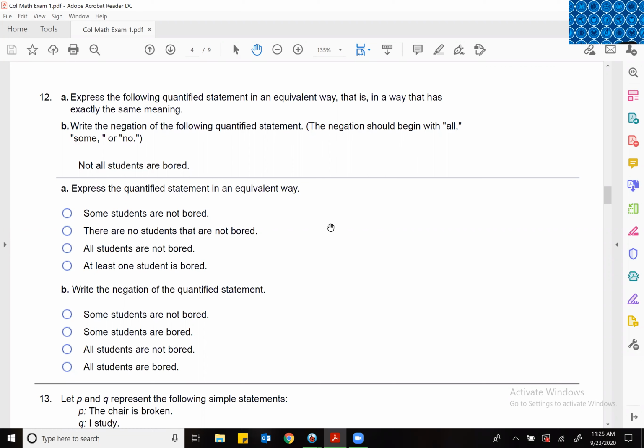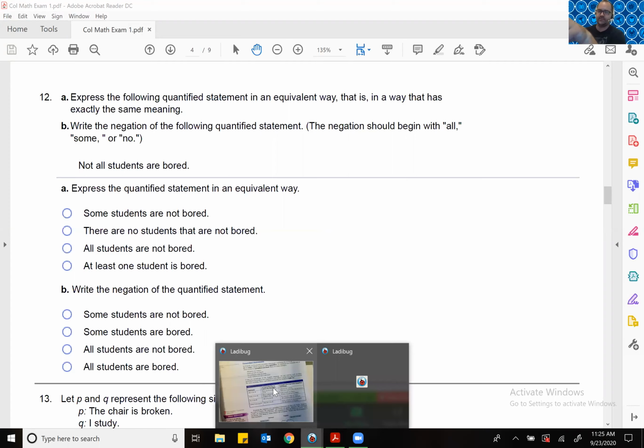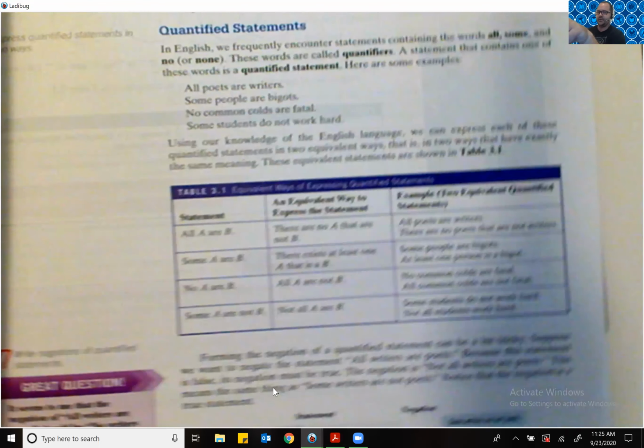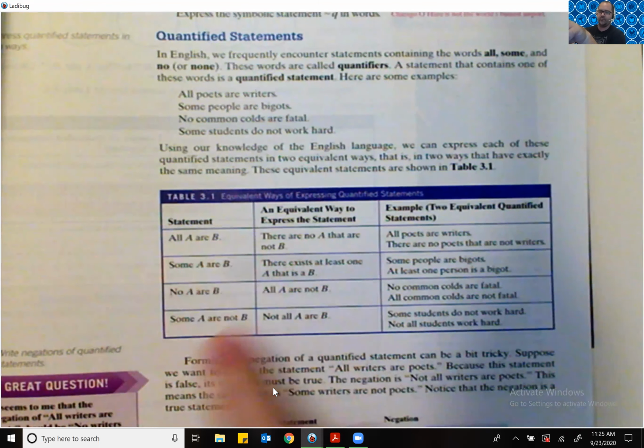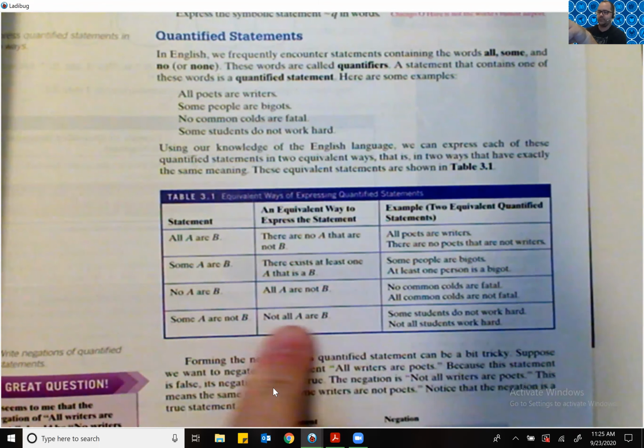When I talked about them in class, I gave you the notes that had all the information in order to write this. I'll show you what that chart looked like. There were two of them. This was the one chart that helped you write the equivalent. Here was the statement and here's an equivalent form. And remember that it works both forwards and backwards.